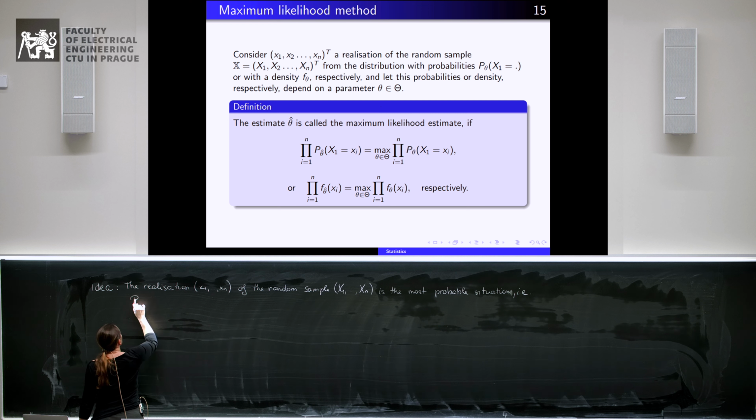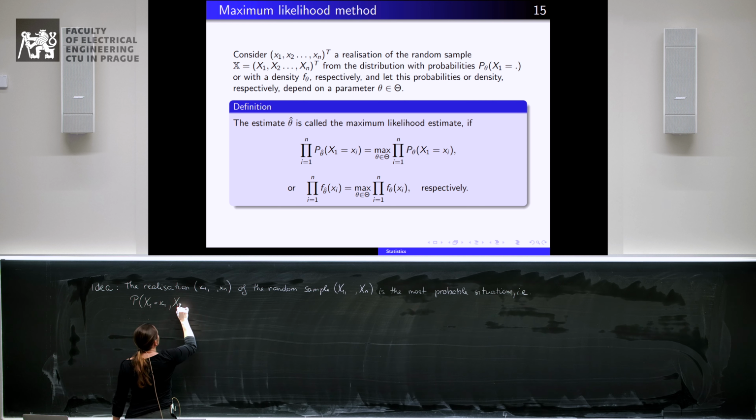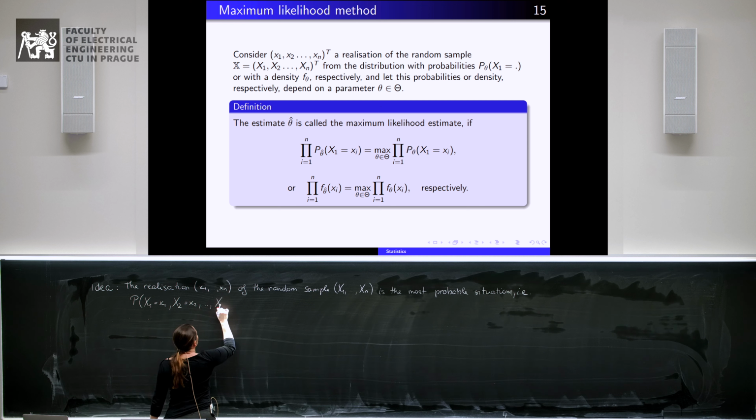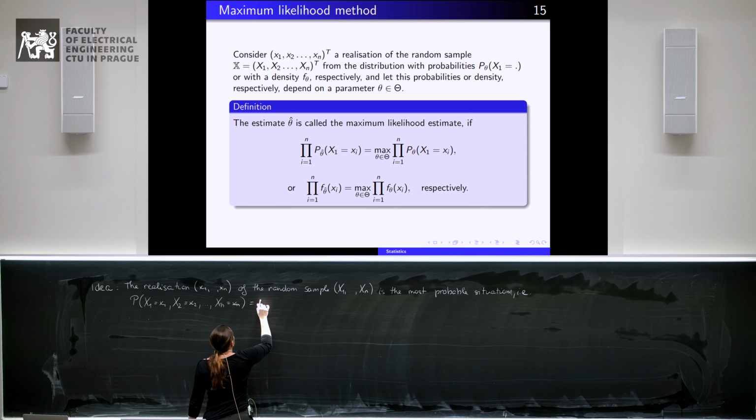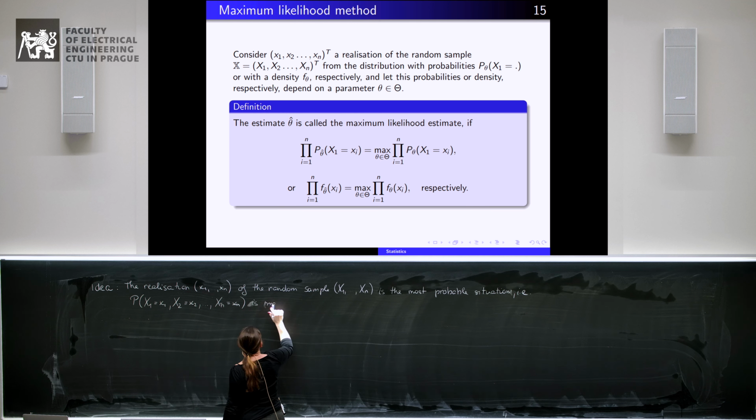It means that the probability that the first value is equal to x1, the second one is equal to x2, and so on, and the last one is equal to xn, is maximal possible.